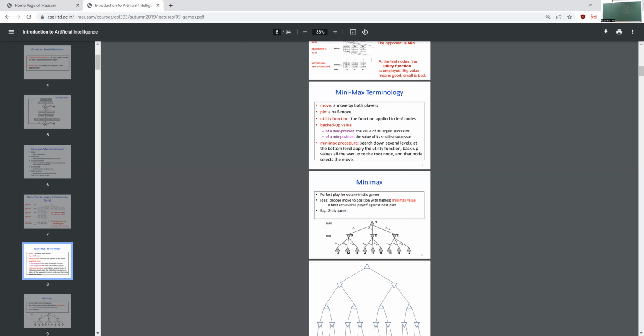If the AI agent takes the move A1, then the opponent will take A11 because he is trying to minimize the utility. Yeah, that's exactly the case. So that's why you put 3 as the minimax value of the min node there.